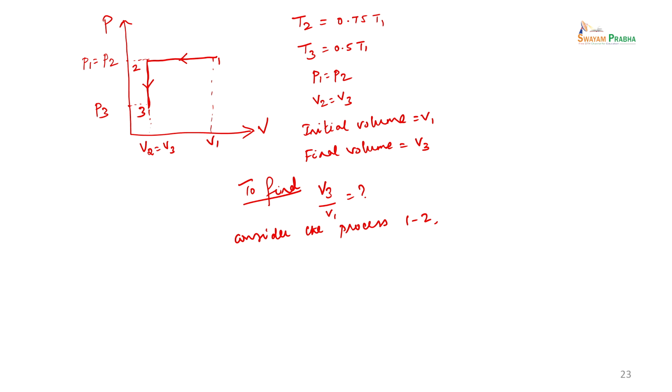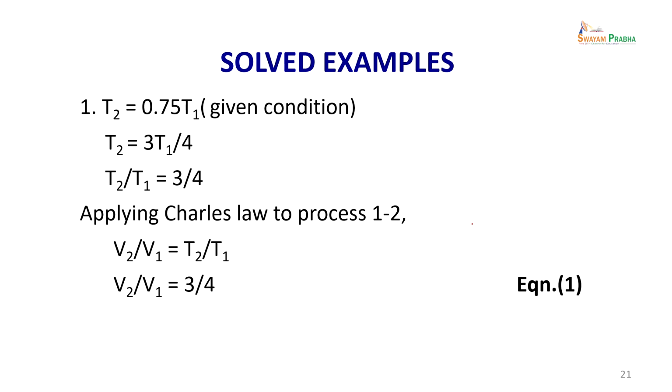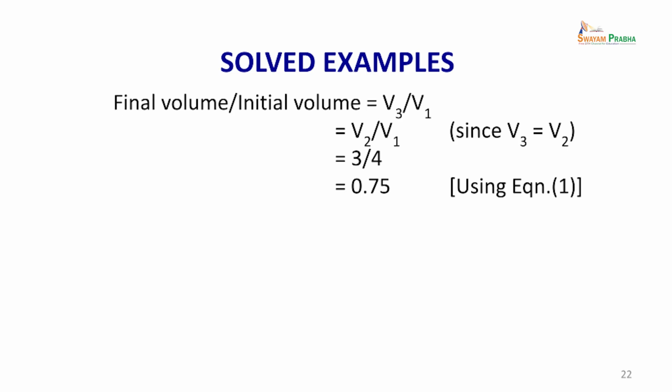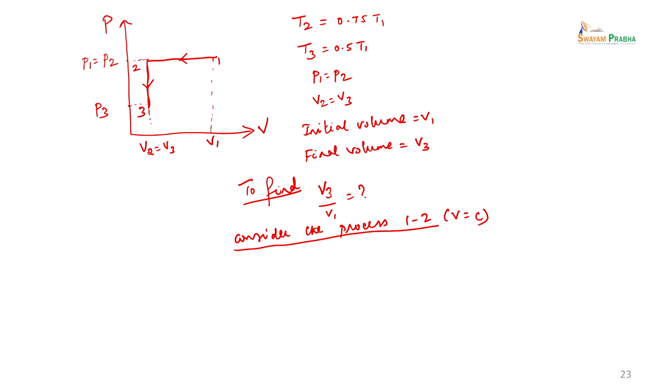So, applying Charles law to this process, V equal to constant, or we can take the ideal equation of state PV equal to MRT. If we take mass as 1, PV equal to RT.